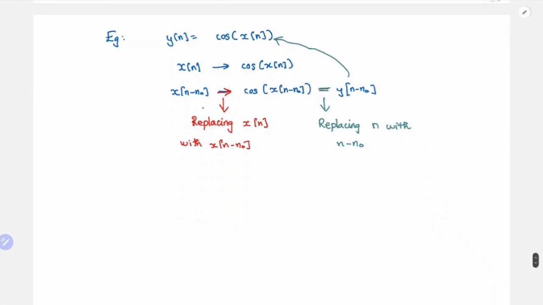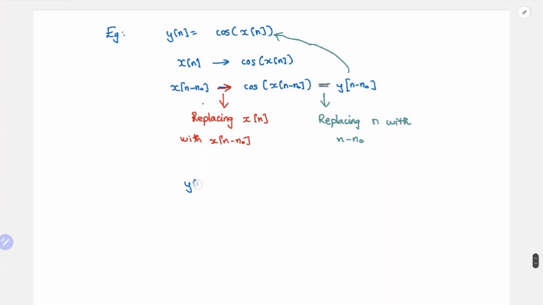So let us take another example. So let's say your y[n] = n x[n]. So let's do the first method, replacing x[n] with x[n - n0].